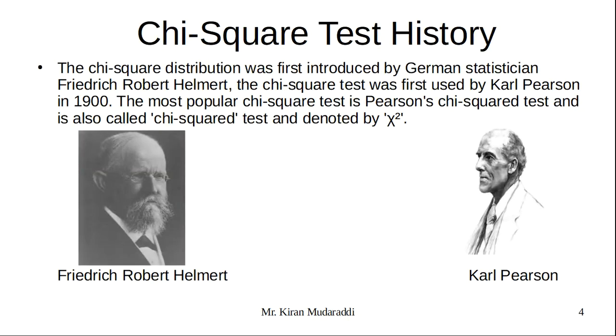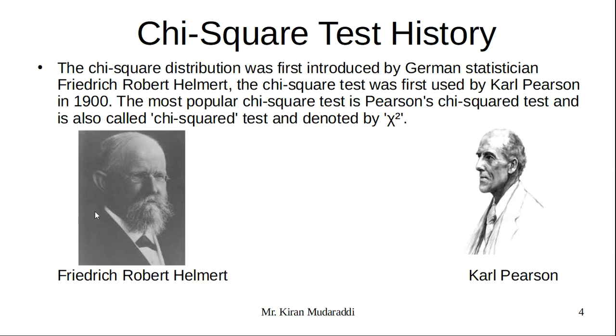Let us go ahead with the chi-square test history. The chi-square distribution was introduced by German statistician Friedrich Robert Helmholtz. The chi-square test was first used by Karl Pearson in the year 1900. The most popular chi-square test is Pearson's chi-squared test, and it is also called the chi-square test and is denoted by this particular symbol.